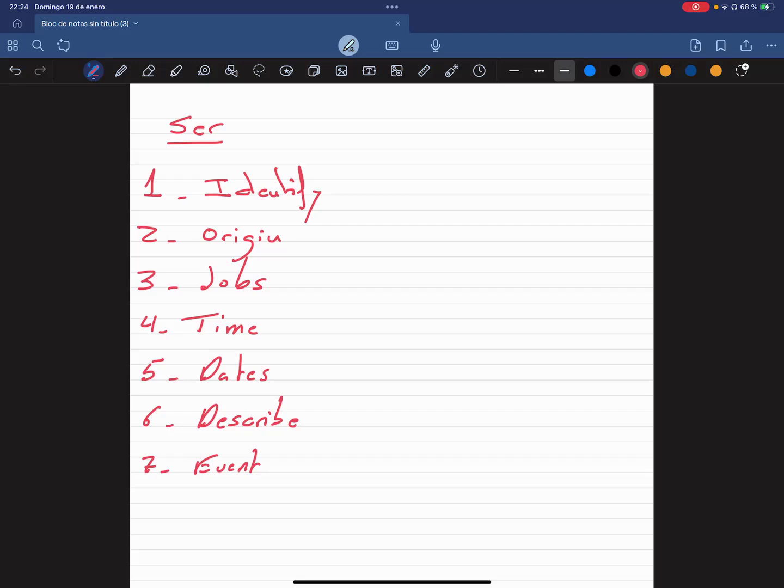Then we have the verb tener, and we use it for a few things as well, such as age. Remember that we talk about the age in Spanish using the verb tener rather than the verb to be. We also use it to talk about possession.